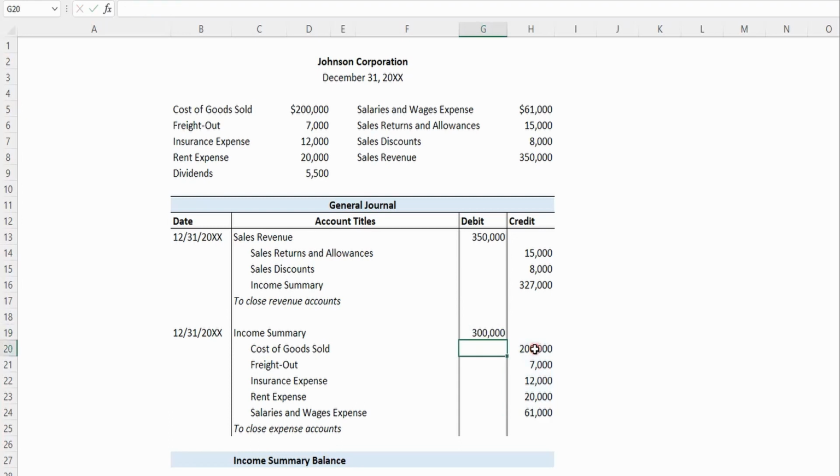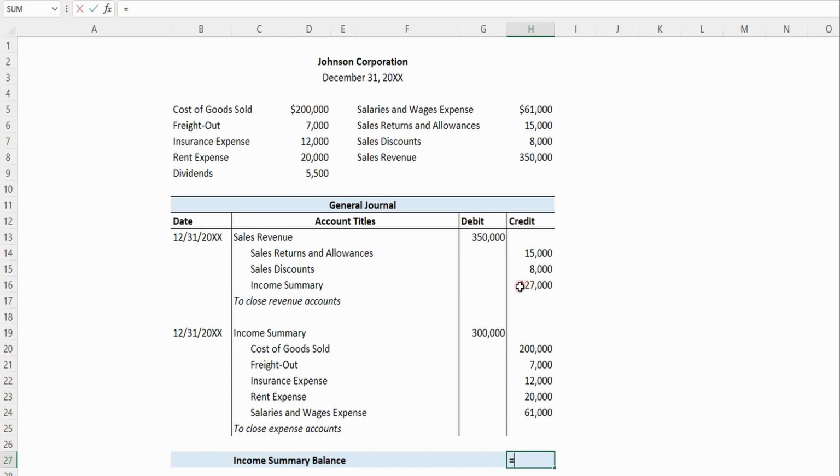After all revenue and expense accounts are closed, the income summary account balance represents net income or net loss for the period. When closing revenue-related accounts, we credited income summary for $327,000. To close the expense accounts, we debited income summary for $300,000.